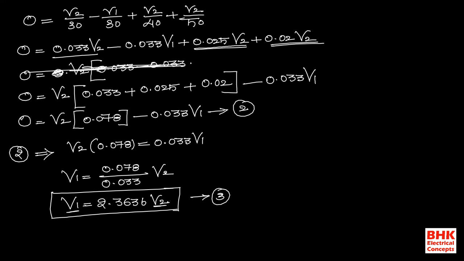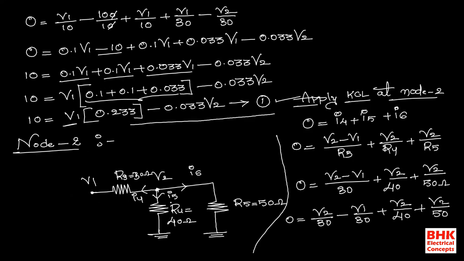Now substitute this equation number 3 in equation number 1. Okay, so this is the equation number 1, we know. In this equation, instead of this V1, we can directly substitute the value of V1 in terms of V2. From equation number 1, we have the expression 10 is equal to 0.233 V1 minus 0.033 V2.